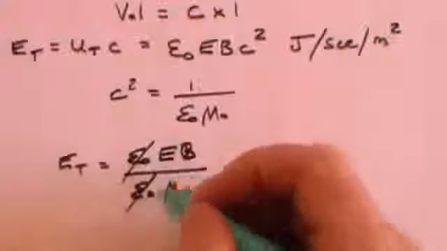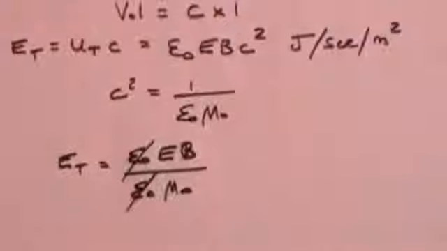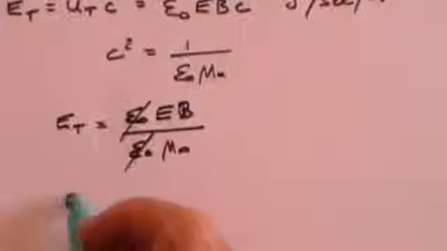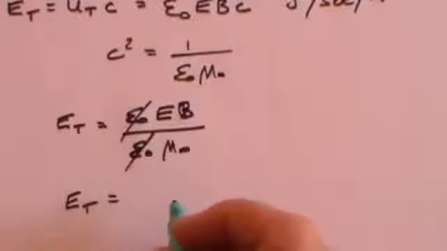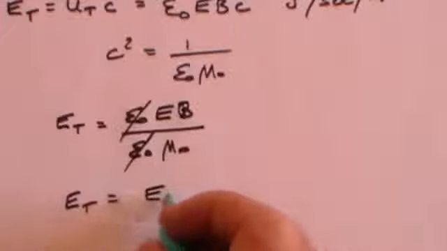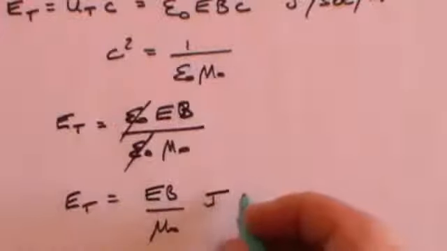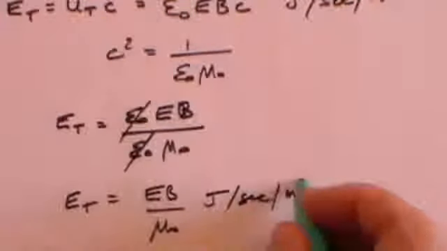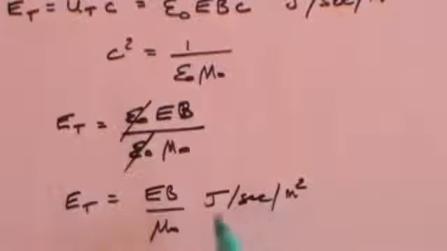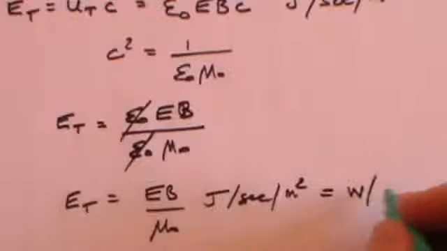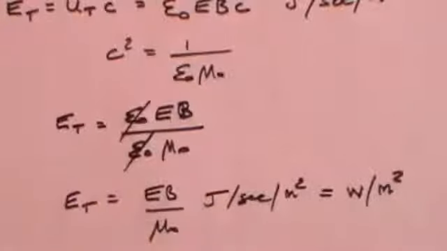So obviously the epsilon naught terms now cancel, and you get that the total energy per second per metre squared is EB over mu naught, and that's again measured in joules per second per metre squared. But joules per second is a measure of power, that's watts. So this now becomes watts per metre squared.